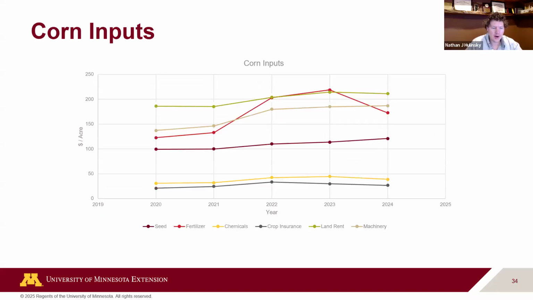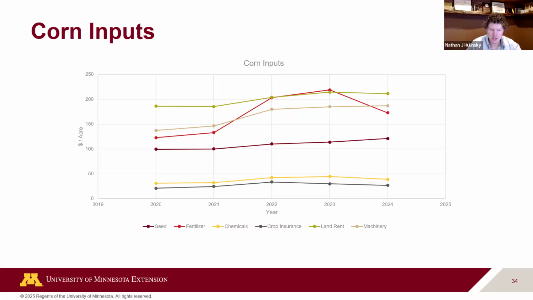This is a breakdown of all of the input costs that farmers have. So this is input cost dollars per acre. The green line at the top is land rent. So for most years, land rent on corn ground is the most expensive input that farmers pay. That red line towards the top is fertilizer.